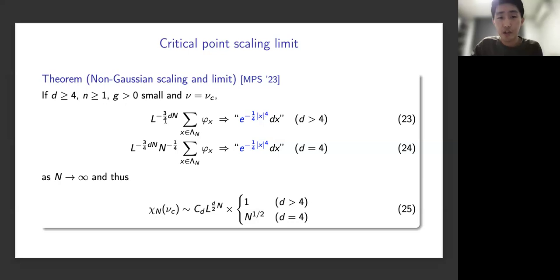So it's a non-Gaussian limit. For the case where d is equal to 4, you only need an extra logarithmic correction term. Therefore, you can also compute the finite volume susceptibilities and how it diverges at the critical points.